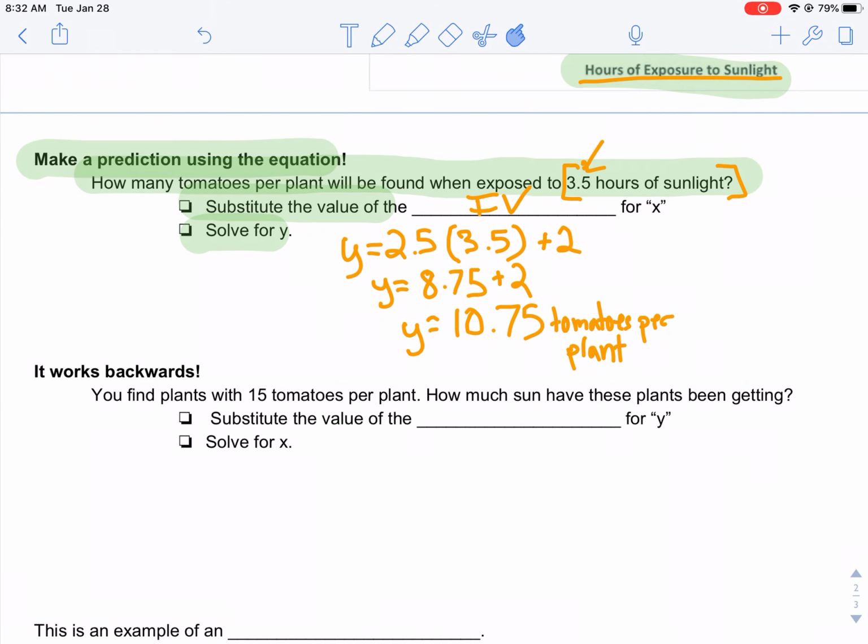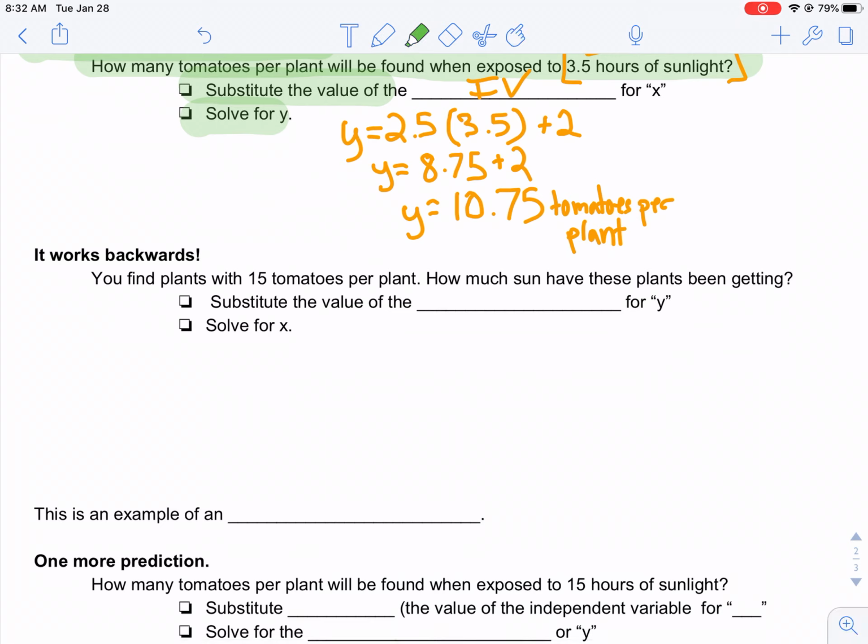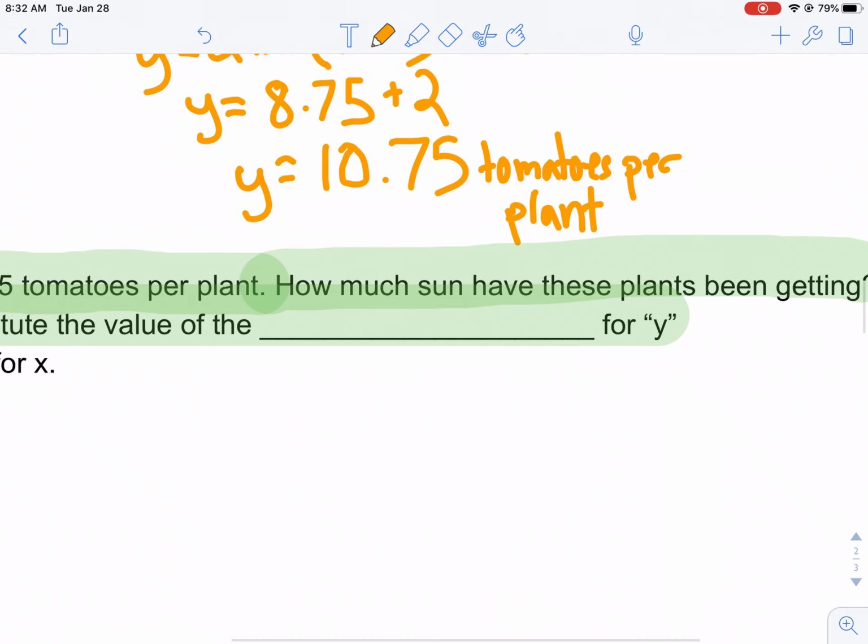It also works backwards. So say you find plants with 15 tomatoes per plant. How much sun have these plants been getting? Okay, so we're going to substitute for this one. It's giving us the dependent variable, so we're going to substitute the value of the dependent variable for y.